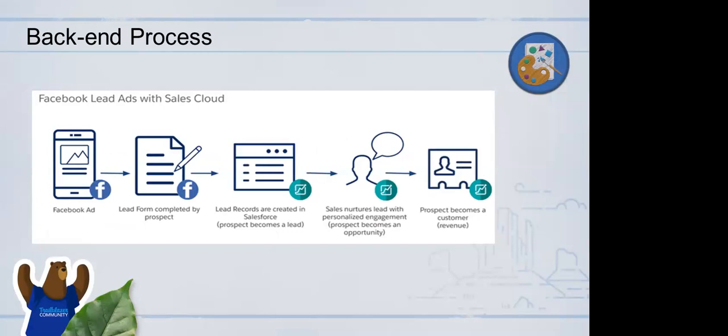Then your sales team will nurture that lead with personalized communications, reaching out to them via your offline contact center, call center, and so on, and nurture that lead to do that transaction or purchase or engagement, so that that person becomes an opportunity, and once he does the transaction, becomes a customer, makes the purchase, and provides revenue to that brand.